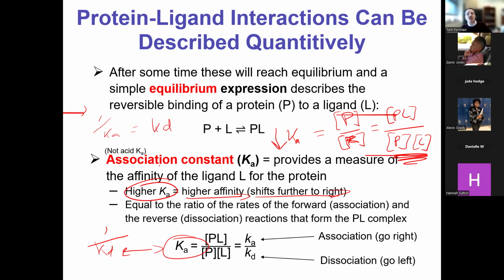And when you do 1 over a number, it just kind of means the opposite of. So the opposite of association is dissociation, and the opposite of dissociation is association. So whatever the Ka value is, 1 over that number will be Kd. And whatever the Kd value is, 1 over that number will be the Ka. We're going to move on to that in a little bit, but just hold on to that in the background for a moment.